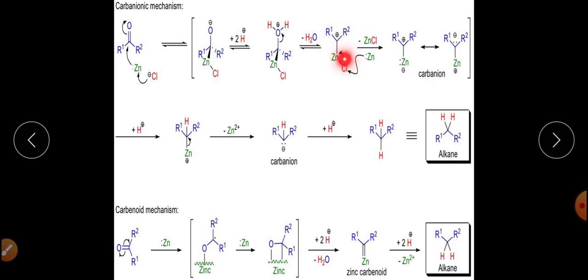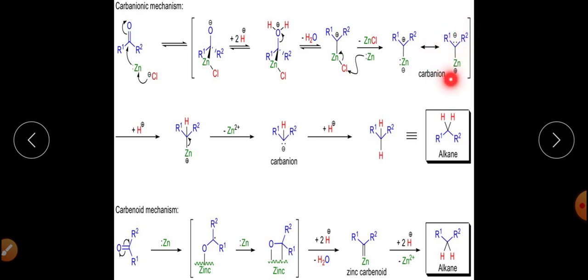After this carbocation, the chlorine which is coordinated with the zinc is eliminated and will form Zn negative. Now this, through resonance, will get converted into C negative, meaning a carbanion will be synthesized in this case. So from carbocation it will get converted into carbanion.